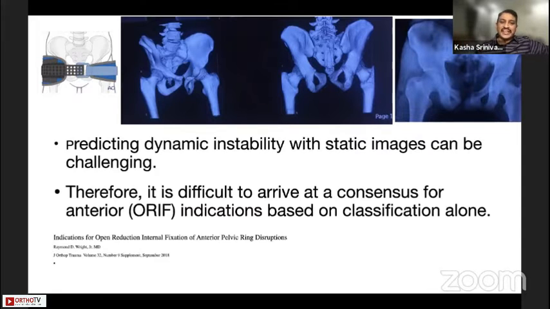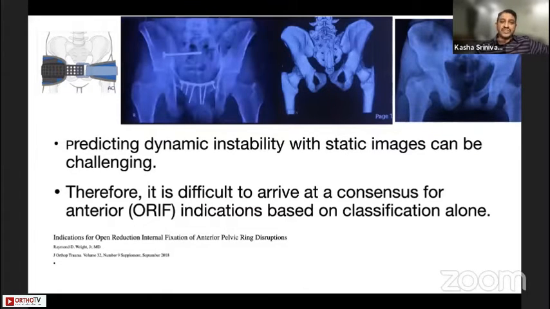So predicting dynamic instability with a static image is challenging. One has to keep an eye on dynamic stability and examine in person in the casualty itself. It is difficult to arrive at a consensus whether to fix the symphysis anteriorly with ORIF just based on the image. I would prefer to examine myself and see the dynamic stability.